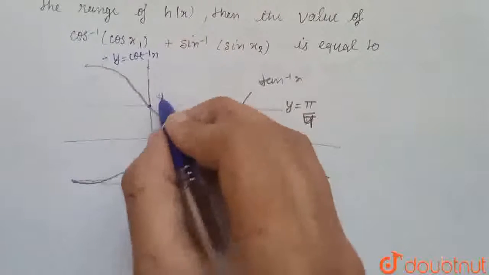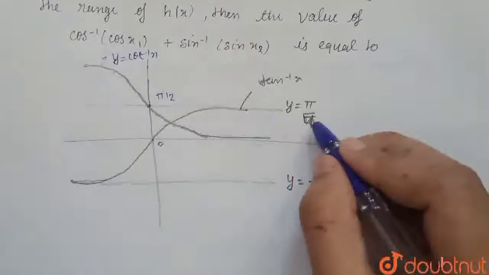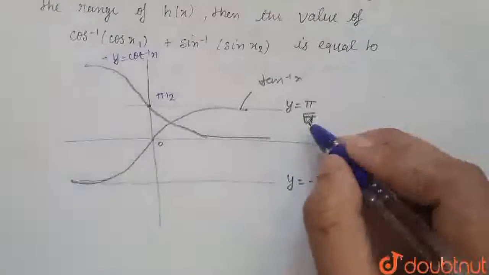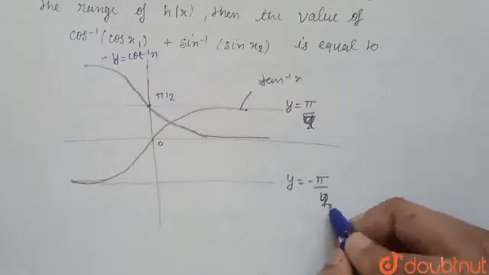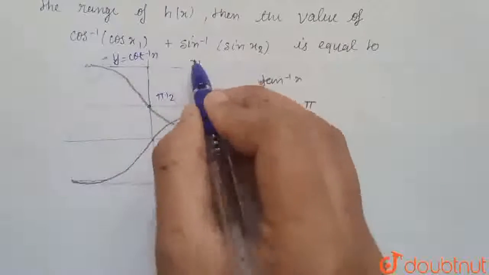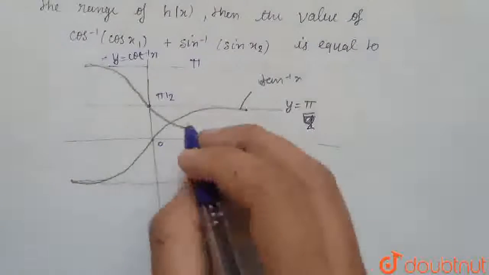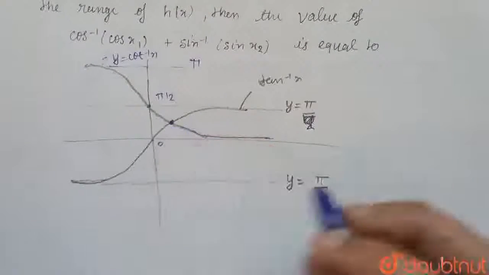This was the line of pi by 2 here, and this is the line of pi here.